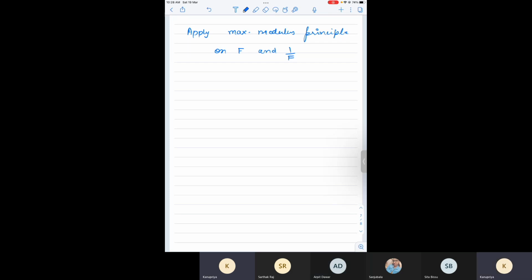Okay. If capital F and 1 by capital F both attain their maxima on the boundary, then let z belong to the disk, mod z less than 1. The maximum of F is attained at the boundary and the modulus is 1 on the boundary.